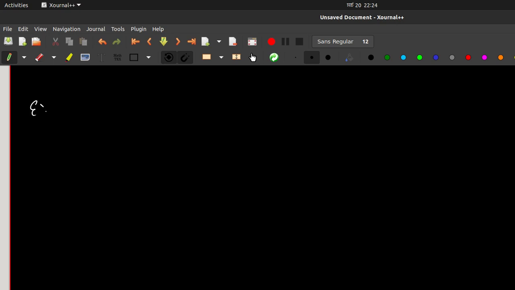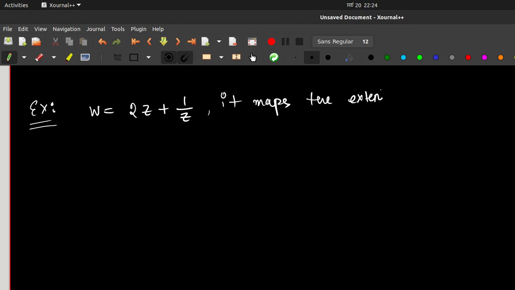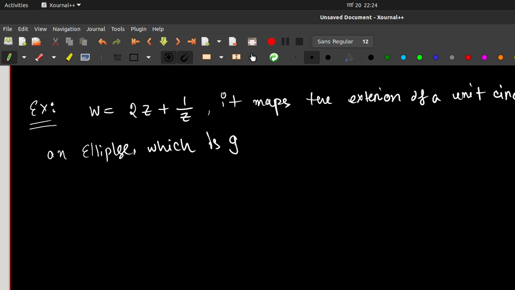One example would be, let's say that we are defining some transformation, w equals 2z plus 1 by z, and what we want to show is that it maps the exterior of a unit circle onto the exterior of an ellipse, which is given by (u by 3) whole square plus v square equals 1.